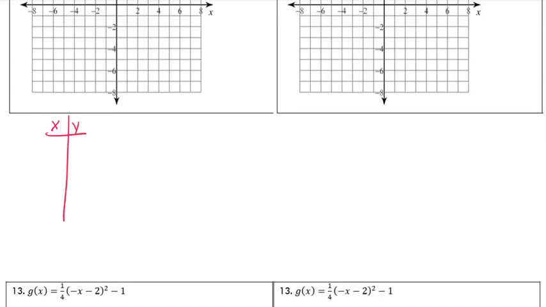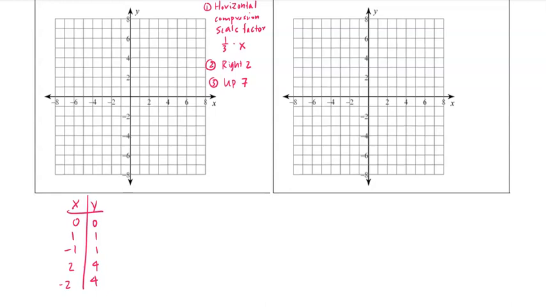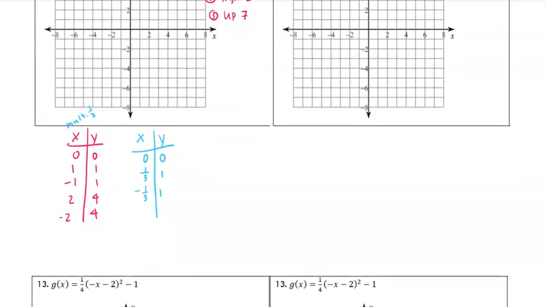Okay, so I have my 0, 0, 1, 1, negative 1, 1, and then 2, 4, negative 2, and then 4. Okay, so horizontal scale factor 1/3. I am going to multiply the x's by 1/3. So I am going to end up with 0, 0, and 1/3, 1, negative 1/3, 1, and 2/3, 4, and negative 2/3, 4.